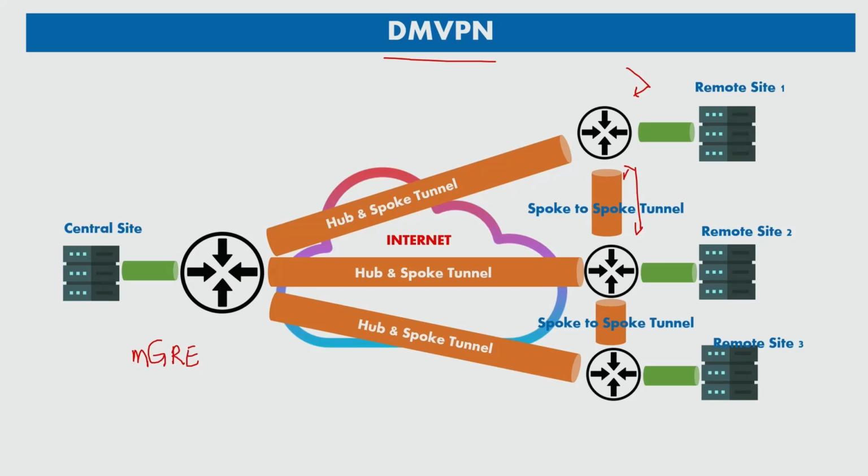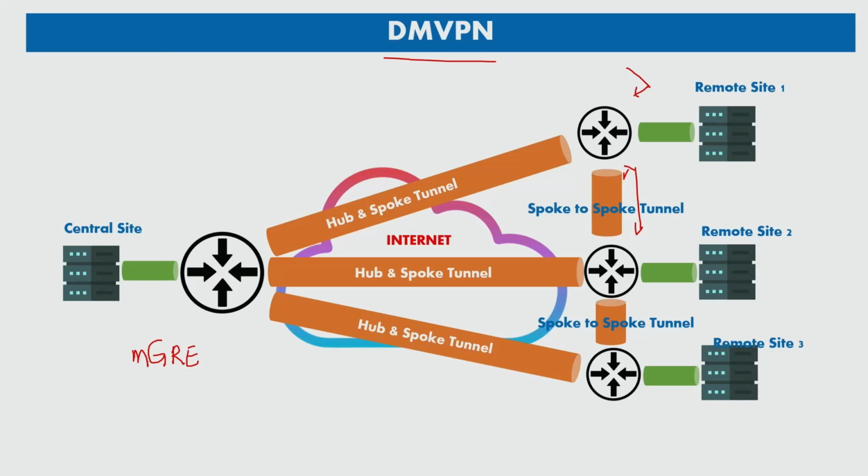This technology allows a single GRE interface to support multiple GRE tunnels, reducing the configuration complexity. IP multicast and non-IP protocols are also supported by GRE tunnels. As a result of IP multicast, the designer can use routing protocols to distribute routing information and detect VPN changes.